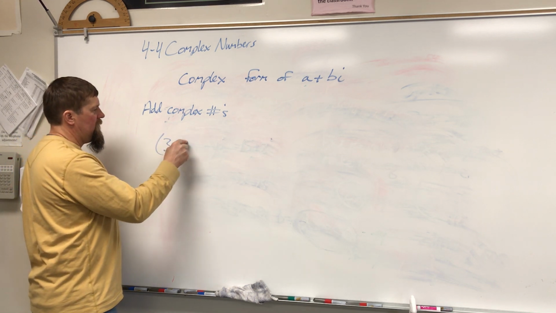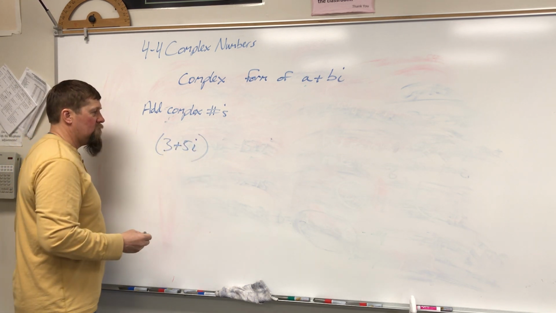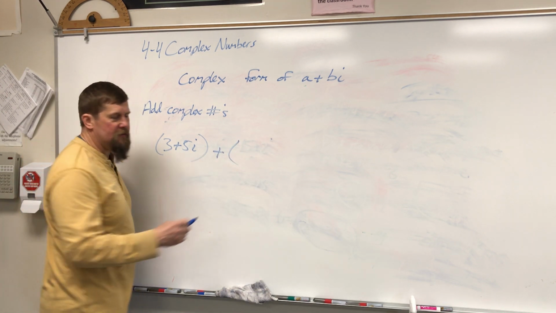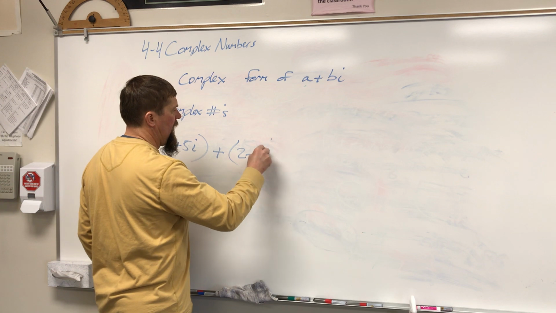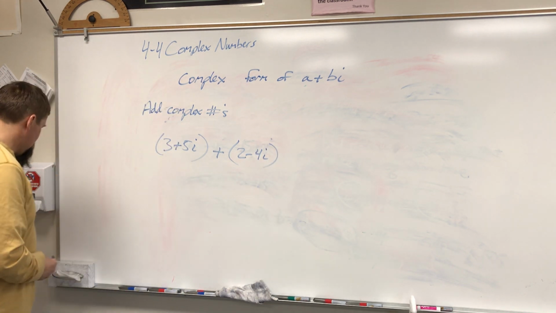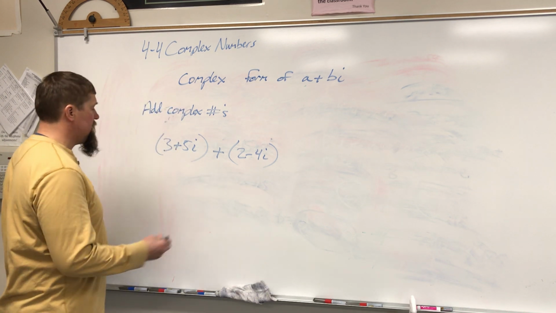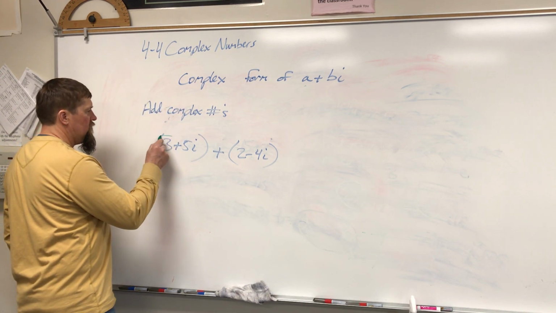Let's say you have 3 plus 5i, that's one complex number, plus I'm adding another complex number of 2 minus 4i. Okay, so just like before, if I'm adding two complex numbers, I am going to pay attention to the real parts.